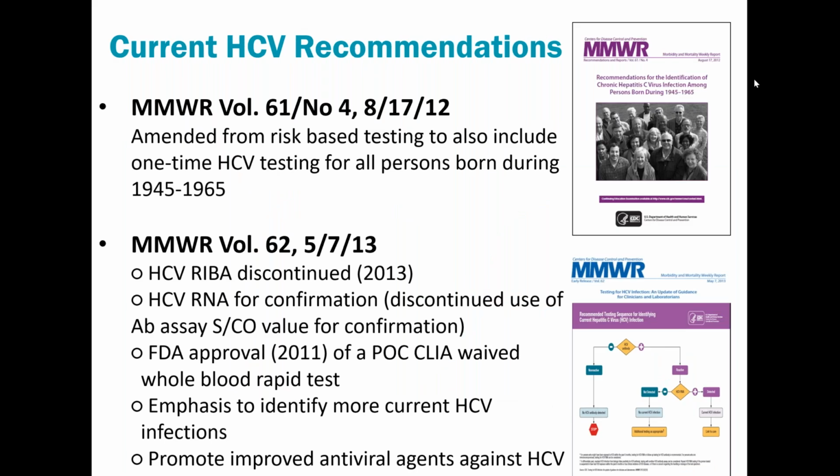I won't go over all the past recommendations, but clearly there have been a number of HCV recommendations over the years, and I wanted to spend a little more time on the two most recent.